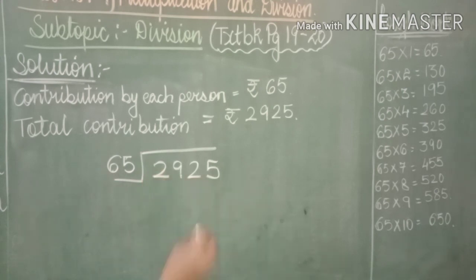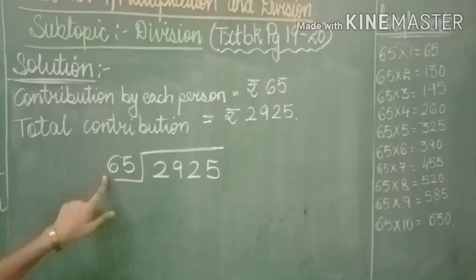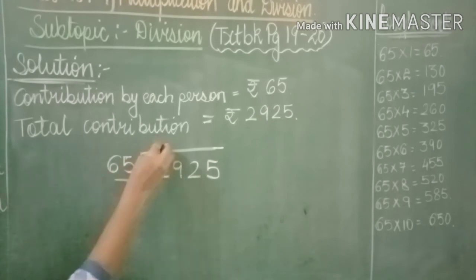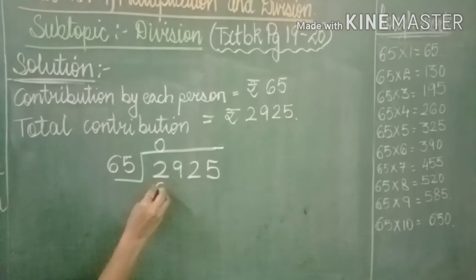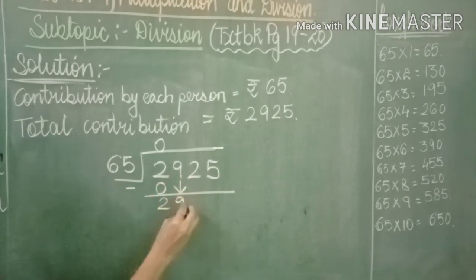Now 65 is the divisor, 2,925 is the dividend. As you can see over here, students, 2 is the smaller number and 65 is a bigger number. So what we are going to do, we have to multiply 65 zeros are 0 with the subtraction sign, and then we write the answer. 2 minus 0 is 2, and we will take the next number, that is 9, with an arrow. We pull down and write 9.